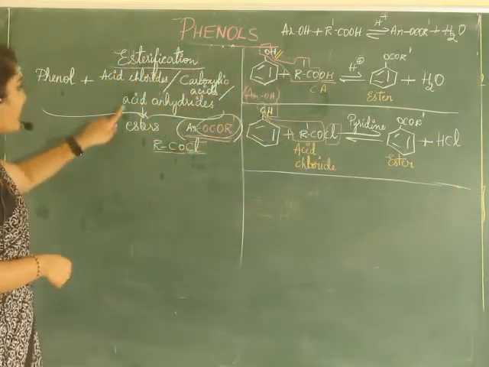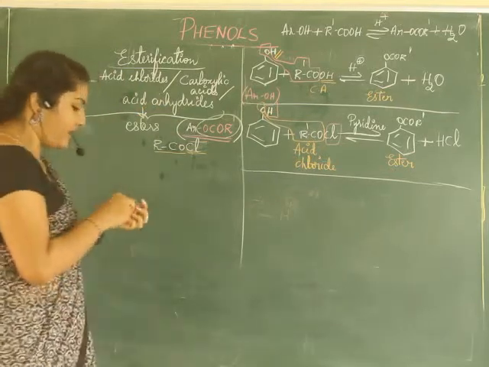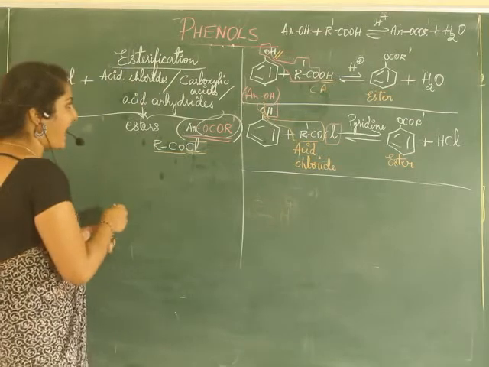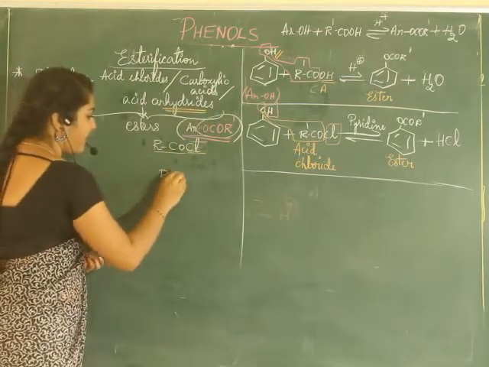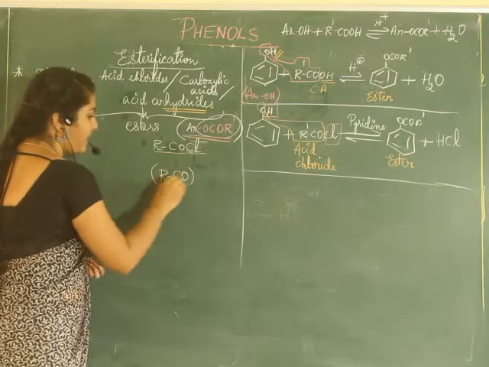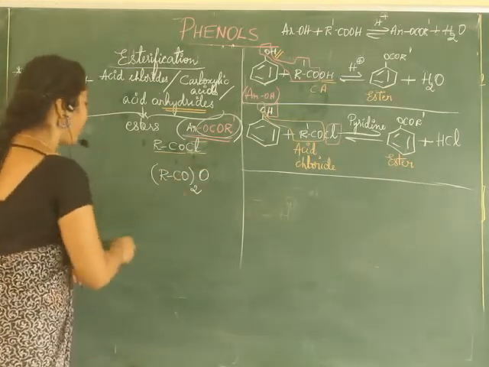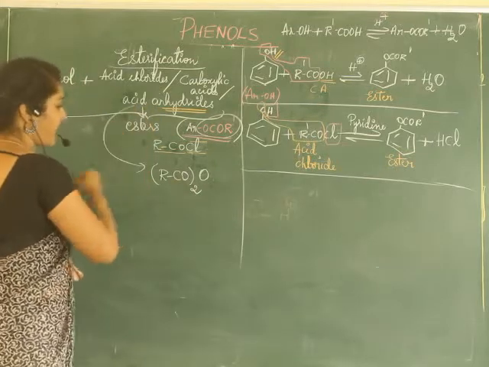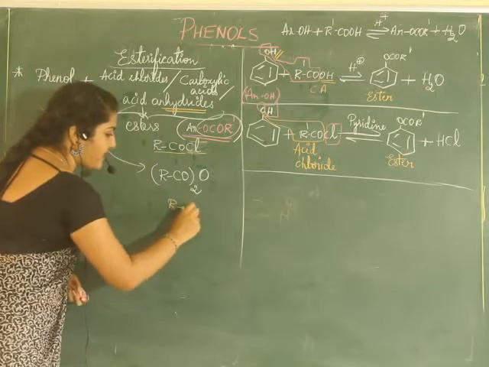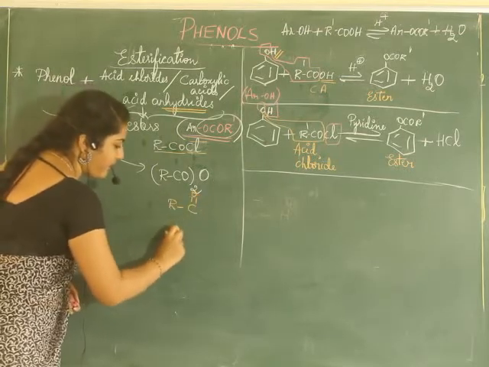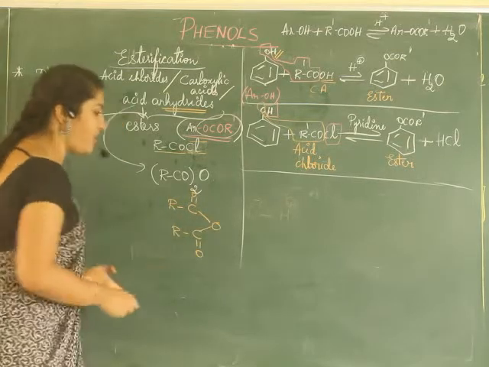The next reaction is where acid anhydride reacts. Acid anhydride. See, anhydride is like this. They write it this way: RCO twice O. This is the formula for acid anhydrides. I'll try to simplify the structure. It is RCO with one oxygen bond this way.